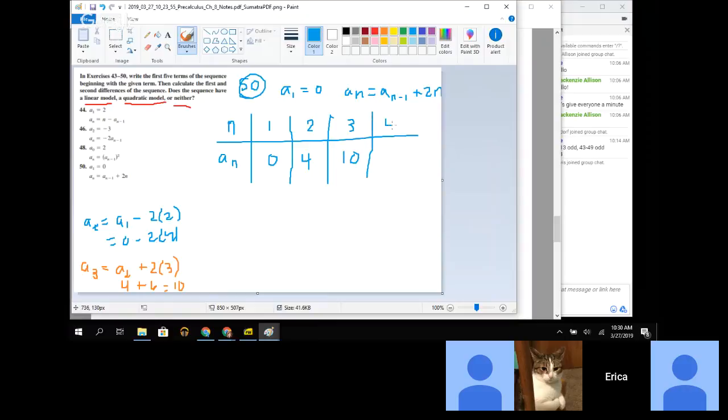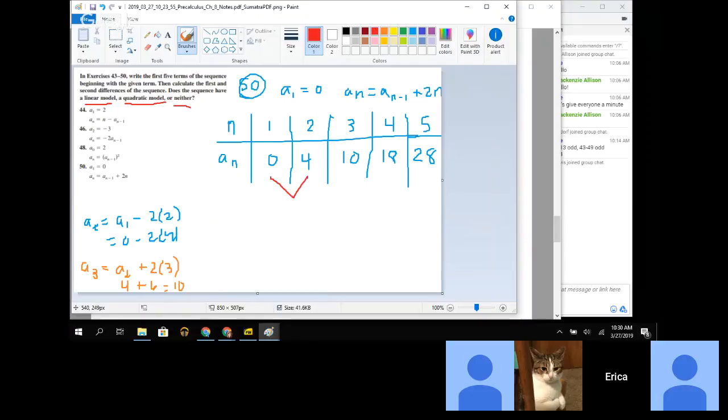Okay? And so on. So if you keep doing that, does that make sense how I was calculating those? Yeah. Okay. So then your next one will be 18, and then your fifth one will be 28 if you keep going. So let's calculate the difference between each of these terms.